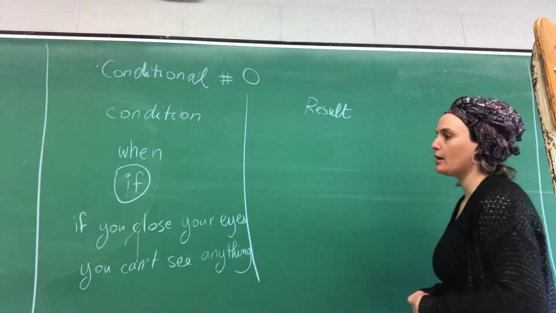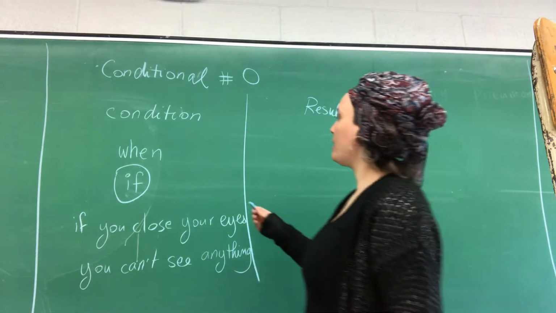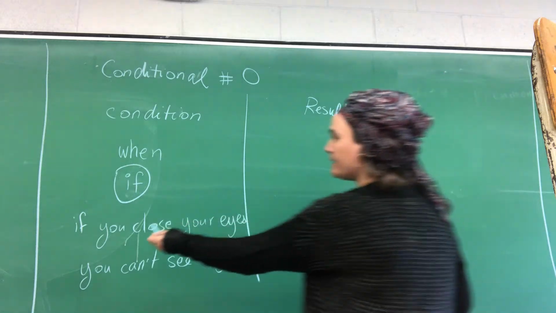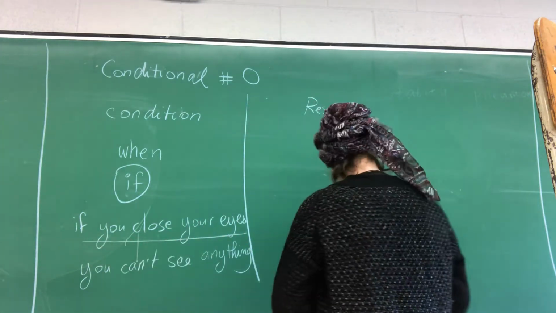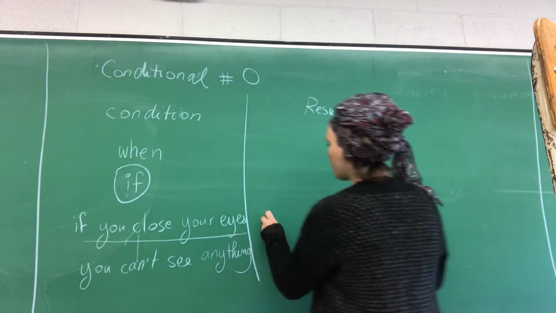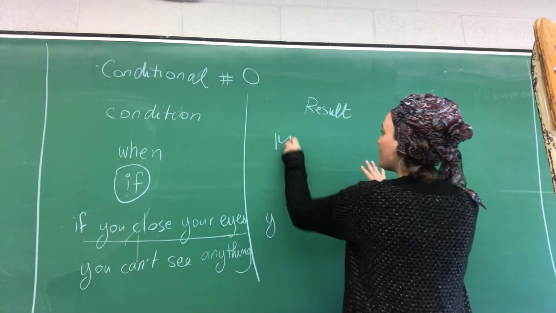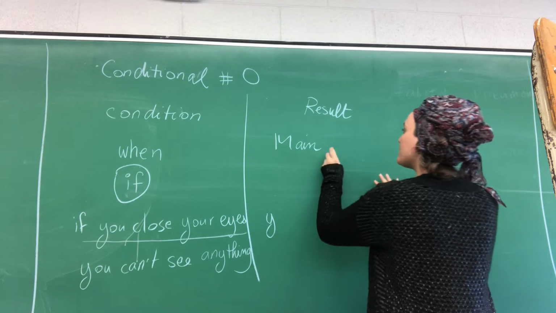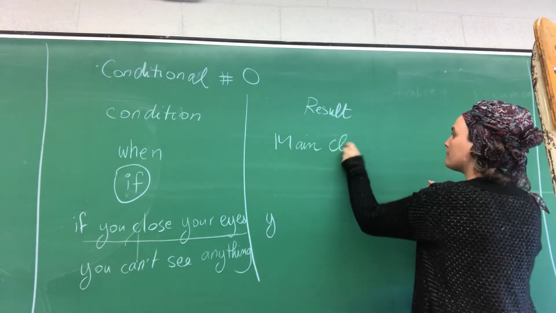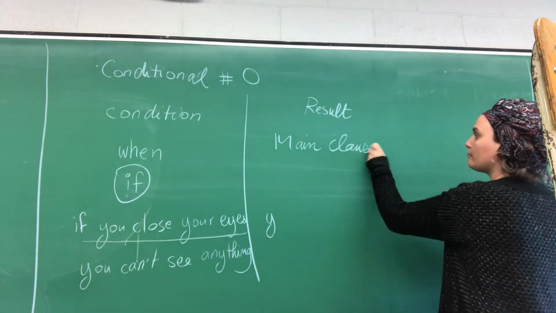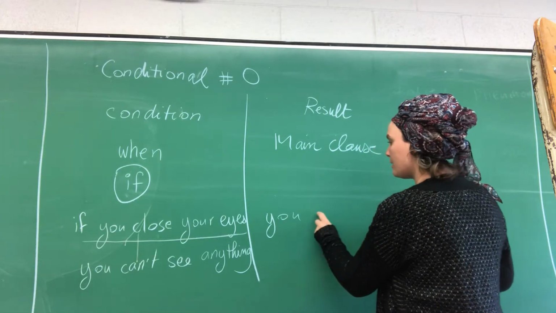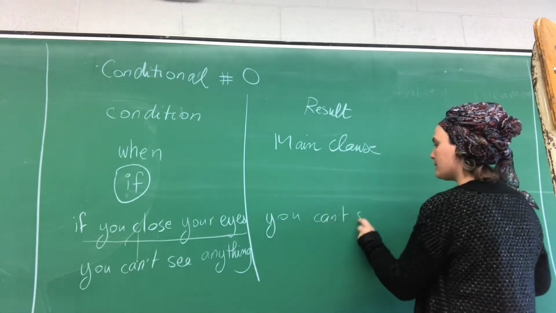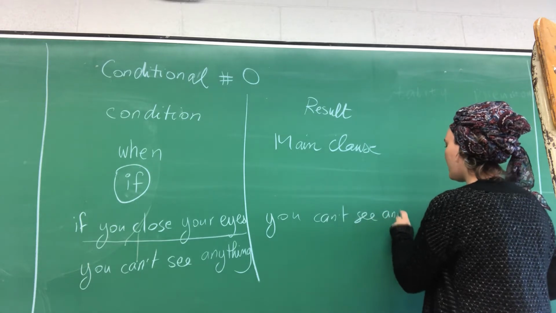Right? So this is the if clause. If you close your eyes, oh sorry, I should have written it this way. This is what we call the main clause or the results. Main clause. So basically here, okay, so you can't see anything.